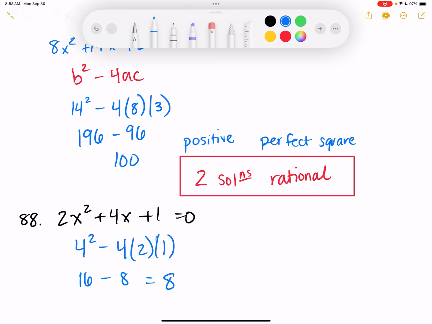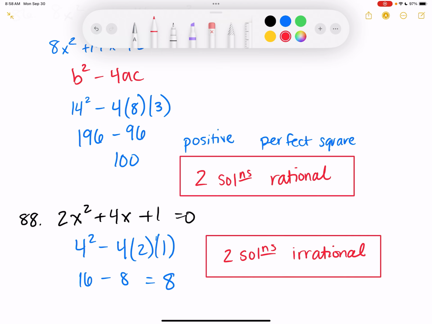Is this a perfect square? No. So there's two solutions, but these are irrational. Let's go one more.